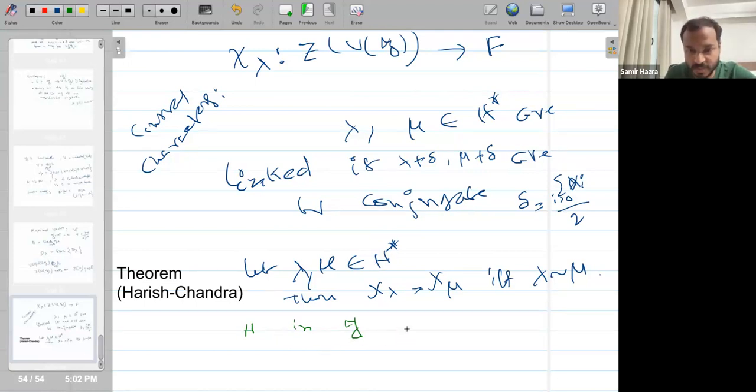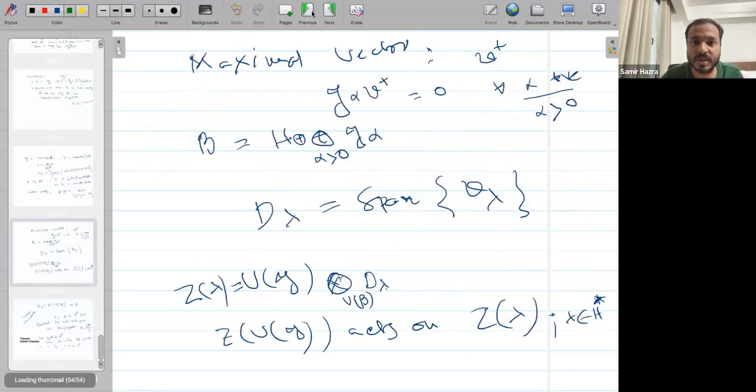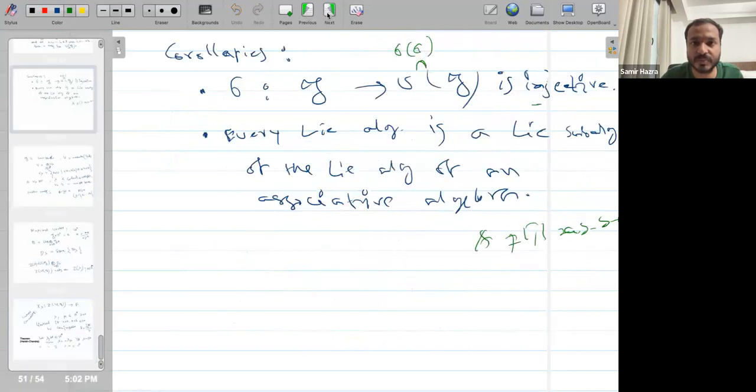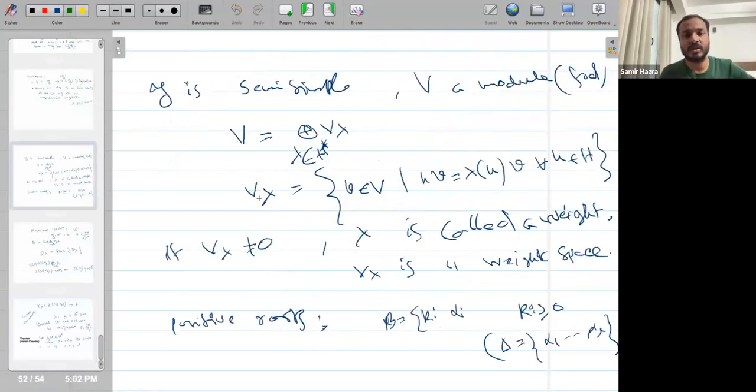If you take lambda, mu belonging to H star, then there is something called chi lambda and chi mu. What are they? They come from this. I want to just go over this construction and also define these weights.